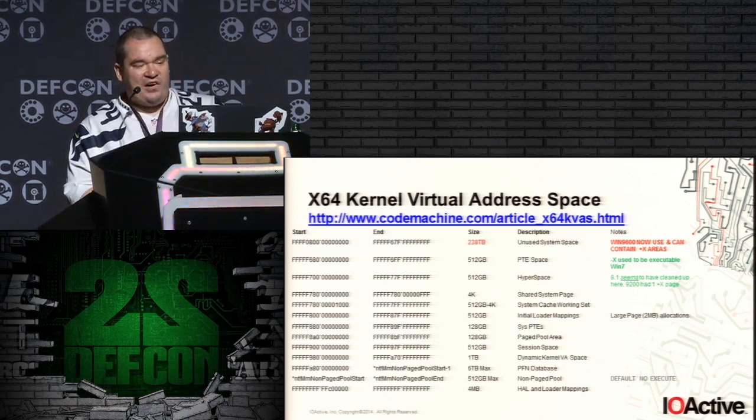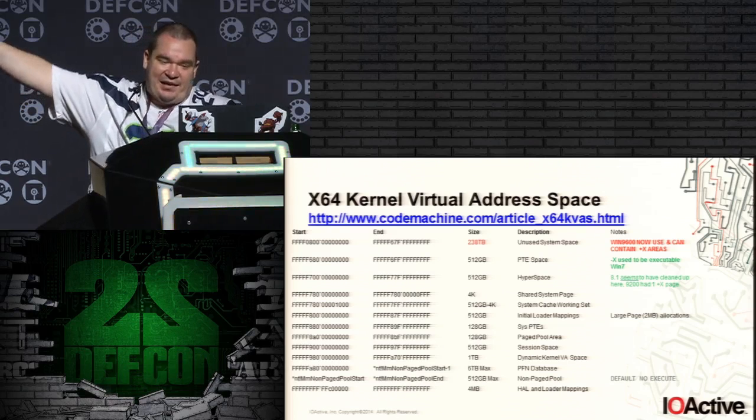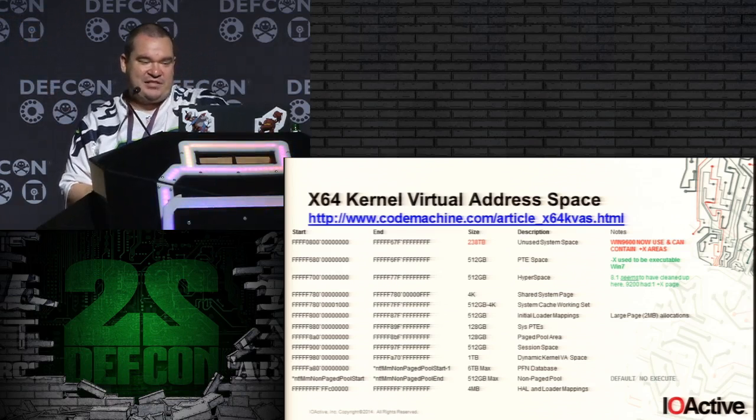Here's an explanation of what the virtual address space looks like on x64. I took this off of Code Machine, also a pretty interesting site with lots of other low-level stuff. We can see here that obviously Microsoft has done pretty good. In the second row, you can see that the PTE space is now non-executable.